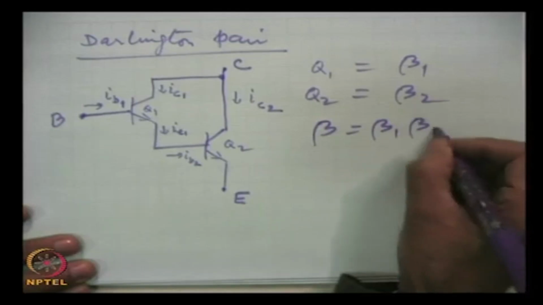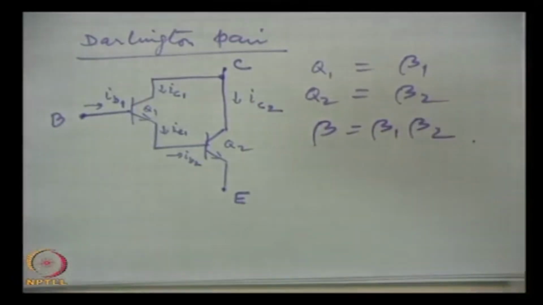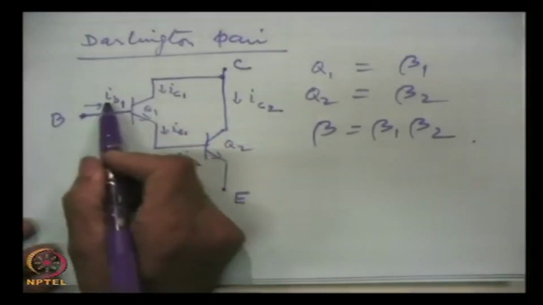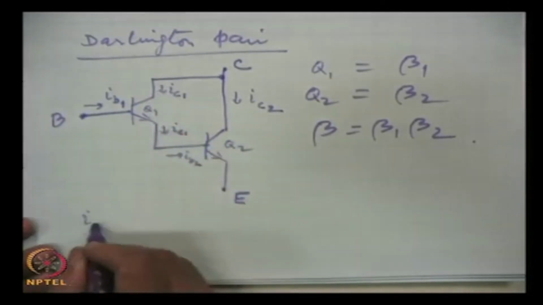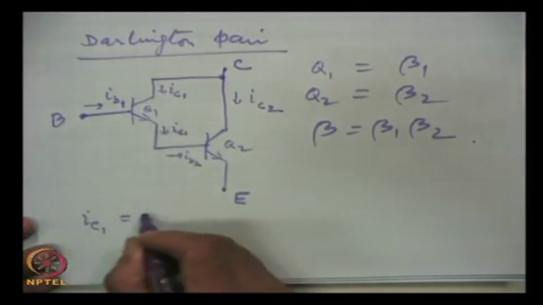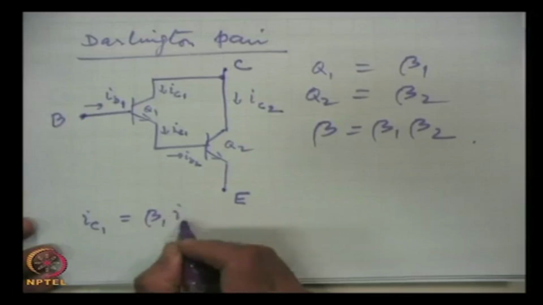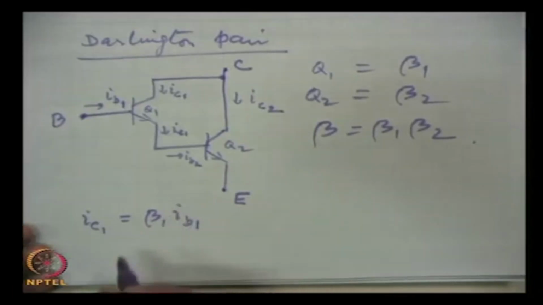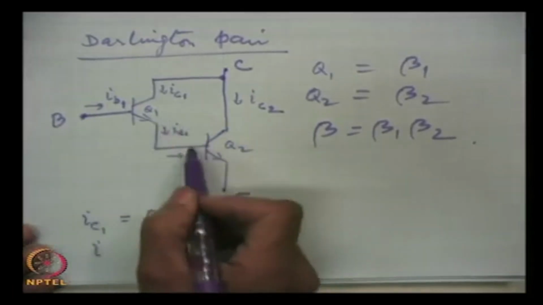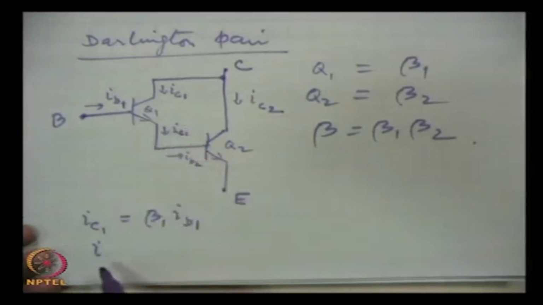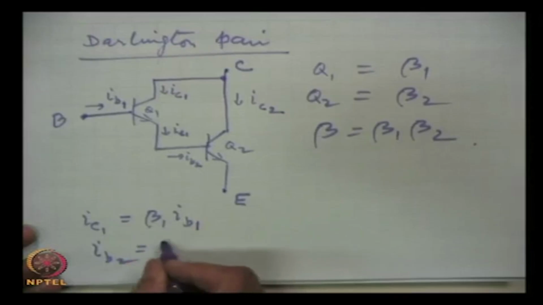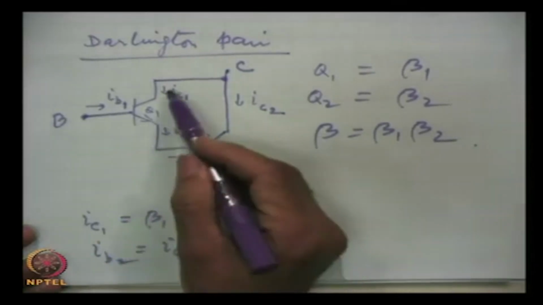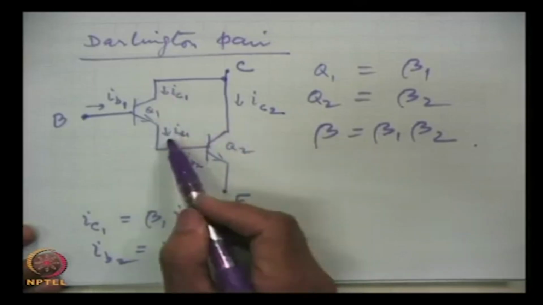And this we can very simply see. If the input current is IB1, what will be this current IC1? You know it is beta 1 times IB1. This IB2 is the same as IC1; this current is the same as this current.